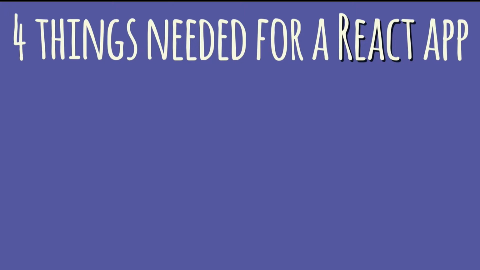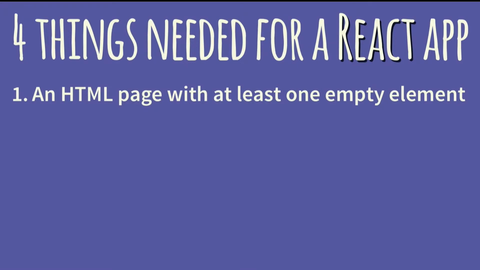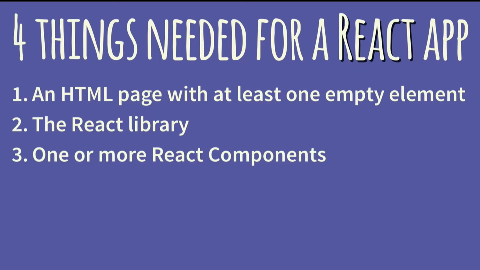So there are 4 things you need for a React app if you're starting from zero. What you must have. You must have an HTML page with at least one empty element, because React is going to replace that element. You need to have the React library. And you need to have one or more React components.